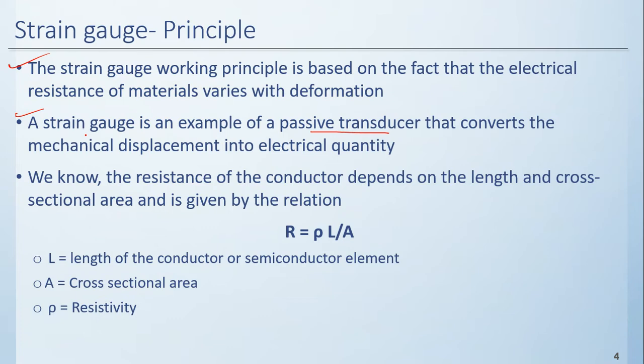A passive transducer is nothing but a device which transfers one signal into another form without the aid of an external powering source. So this converts the mechanical displacement, or the so-called deformation, into an electrical signal.